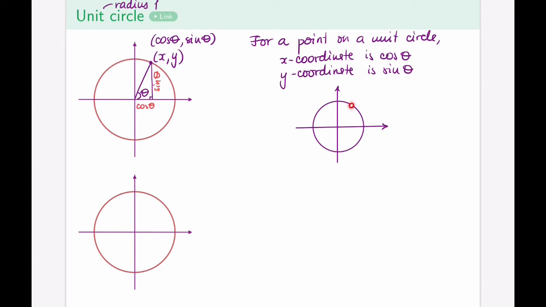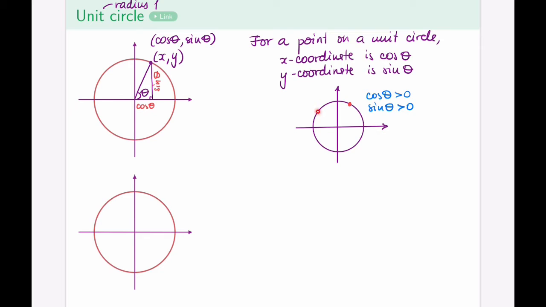For example, if I have a point in the first quadrant, somewhere right here, its x coordinate is going to be positive, and its y coordinate is also going to be positive. Now, the x and y coordinates correspond to cosine and sine, which means in the first quadrant, the cosine of any angle is positive, and the sine of any angle is positive, because the x coordinate is positive, and the y coordinate of any corresponding point in the first quadrant is positive.